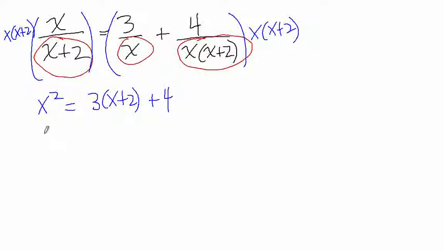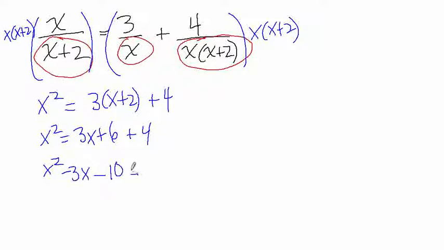Now let me distribute the product I have there. 3x plus 6 plus 4. So moving things around, x squared minus 3x minus 10 equals 0. Factoring that, I get x minus 5 times x plus 2 equals 0.